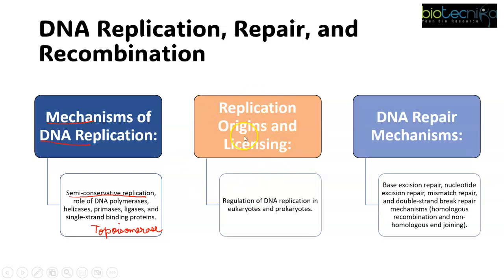Next one is about replication origin and licensing, that is, the regulation of DNA replication in eukaryotes as well as in prokaryotes. You should have a good understanding of that. And moving on lastly to DNA repair mechanisms, you should be completely thorough in all of them, whether it is base excision repair, nucleotide excision repair, mismatch repair, or double-strand break repair mechanisms, which we also call homologous recombination, as well as non-homologous end joining, which we call the NHEJ pathway.